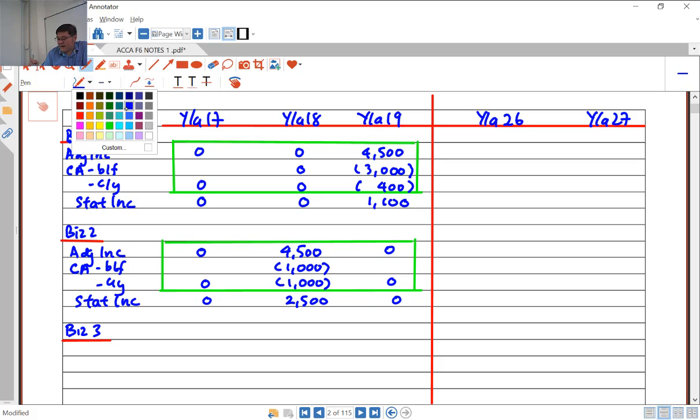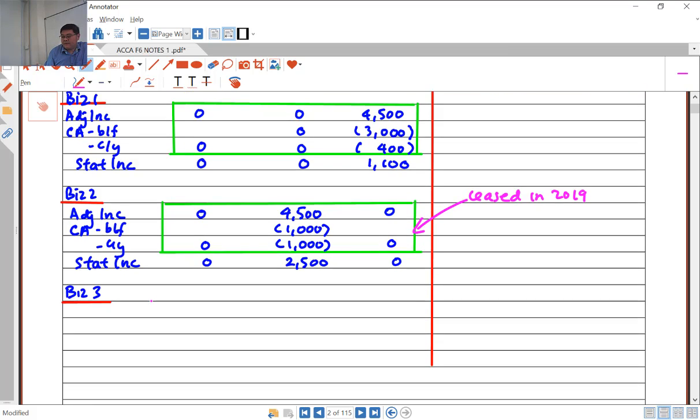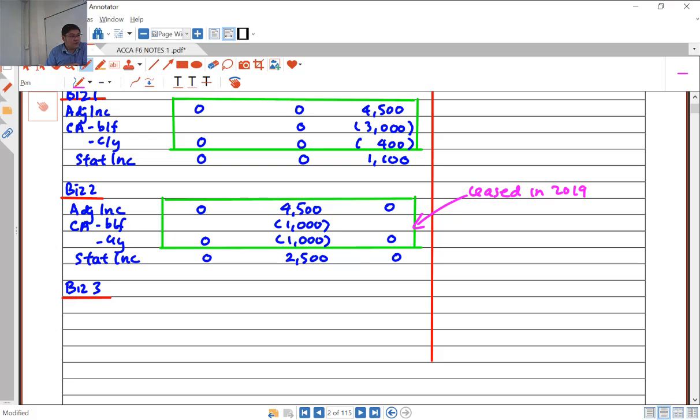Okay, I just want to put a remark here because you know that you have ceased, correct or not? You have ceased in Y19. And you know, the moment you cease the business, whatever capital allowances you have is gone. Okay? Capital allowance is not like losses. They follow the business. So if you close the business, your CA is gone. Alright?